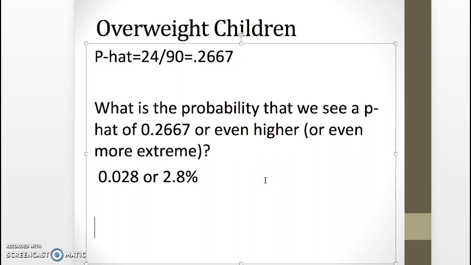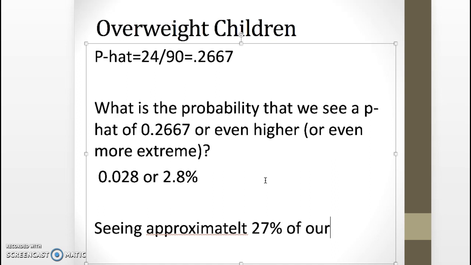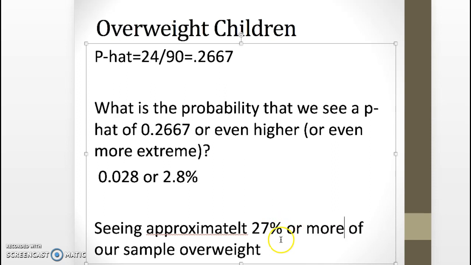So let's just write a quick summary. I could say something like, seeing approximately 27% of our sample overweight, I'll go ahead and include or more in here, 27% or more of our sample overweight would be unusual.